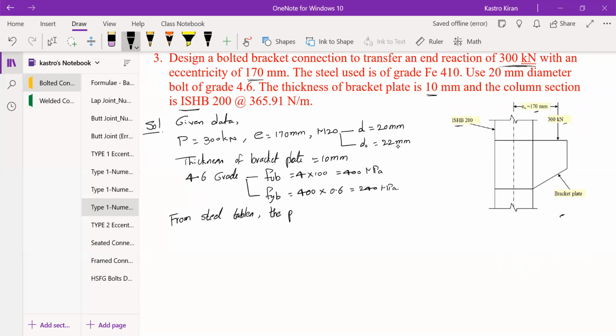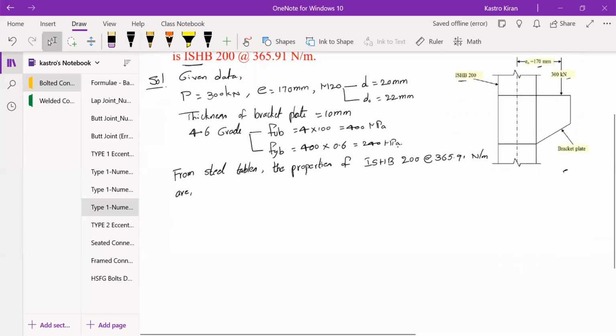We have to write down the area, the width of flange, the thickness of flange, the thickness of web, and the gauge distance, that is G. By seeing the steel tables book, you can write down all these values.